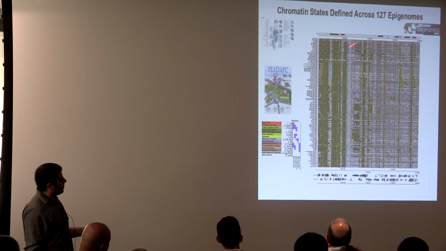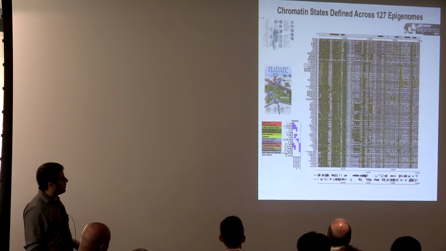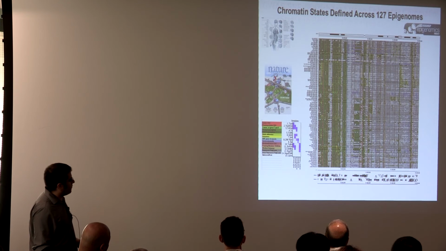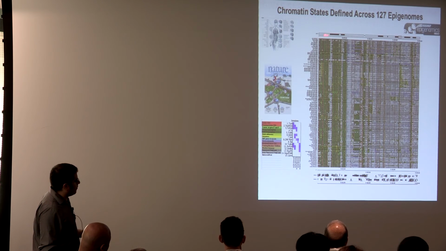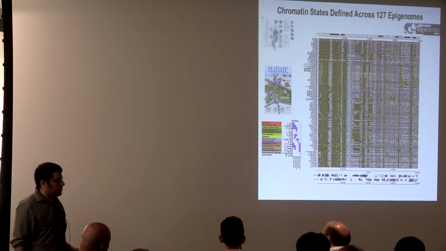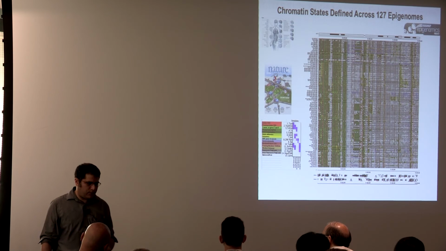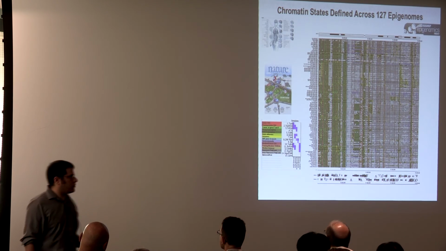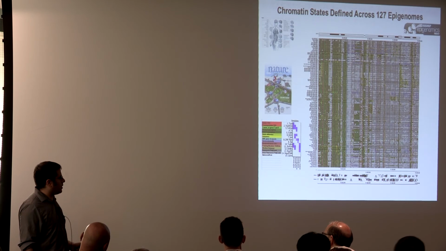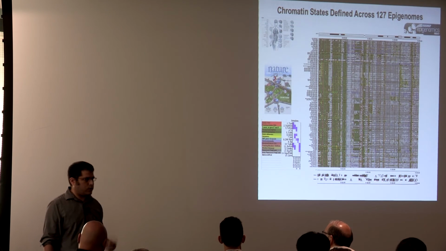I had collaborated with the Roadmap Epigenomics Consortium, which went now across more than 100 cell and tissue types. And what differentiated it from the ENCODE efforts was that it was primarily focused on primary cell types as opposed to cell lines.